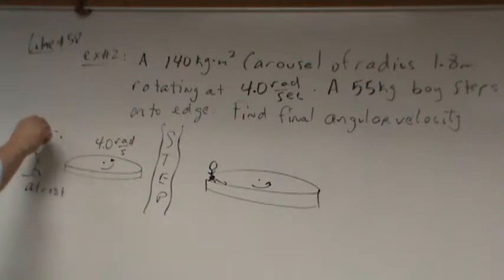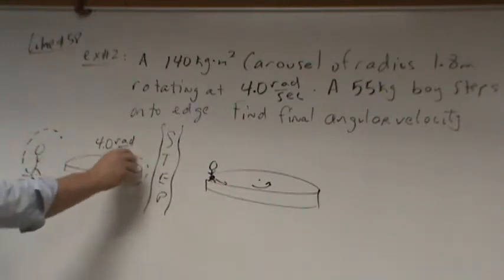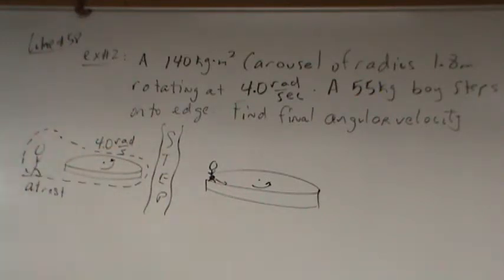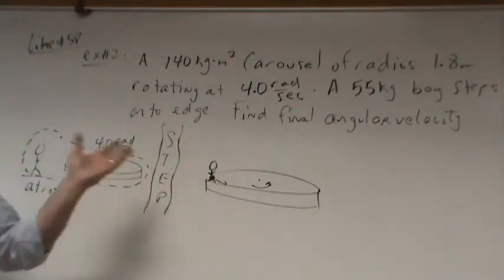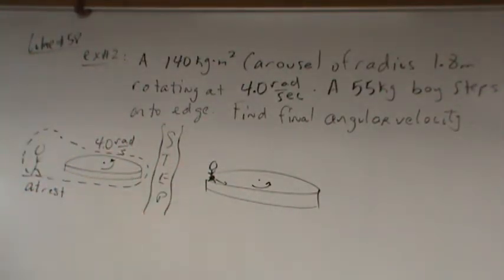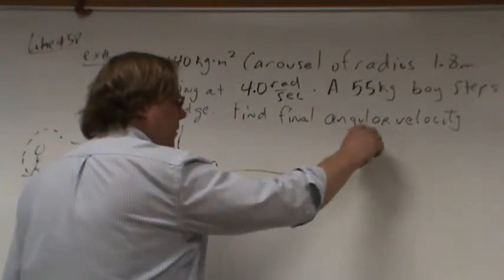If my system is the guy and the carousel, when he stepped on, are there any external torques? No, there's no second guy making the carousel go faster or slower or pushing on that guy. And so I get to do conservation of angular momentum.